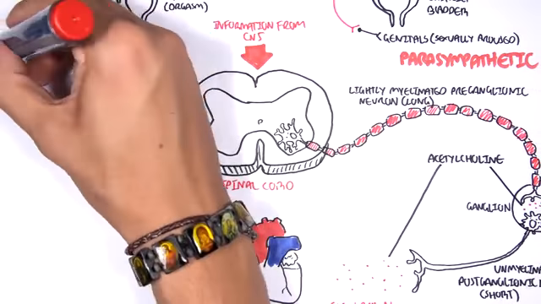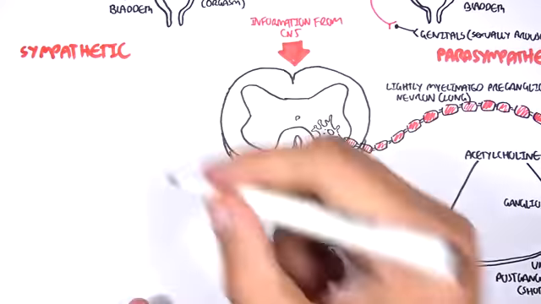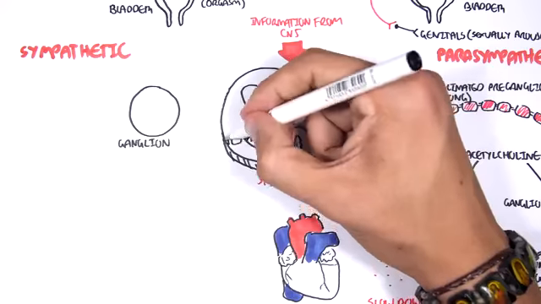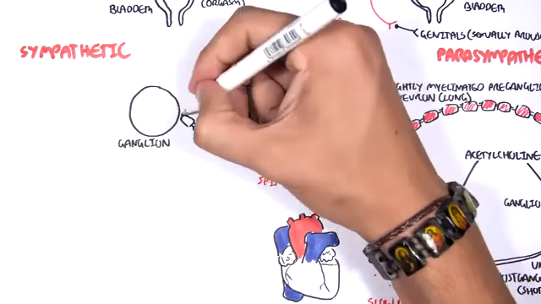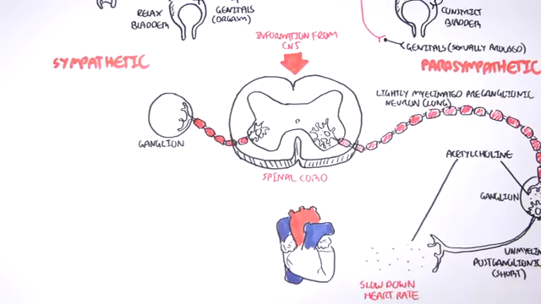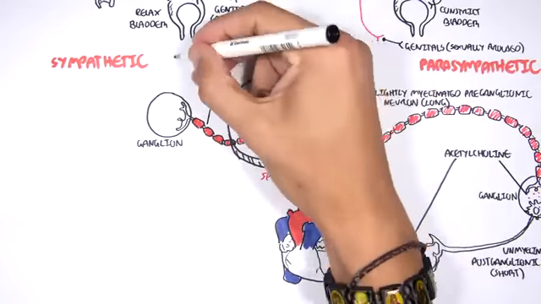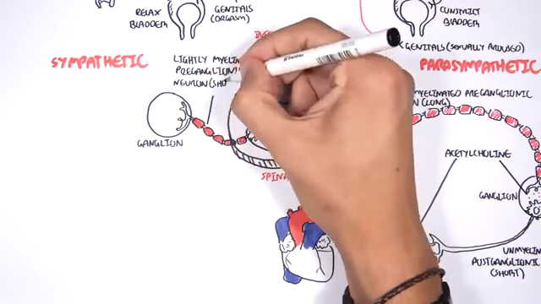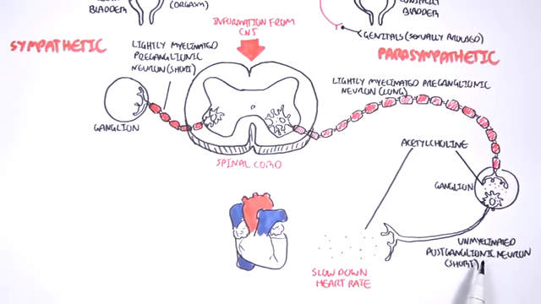Now in the sympathetic, we also have a ganglion. Information from the central nervous system will send information to the preganglionic sympathetic neuron, which in this case is lightly myelinated and quite short. It will synapse in the ganglion and release the neurotransmitter acetylcholine.